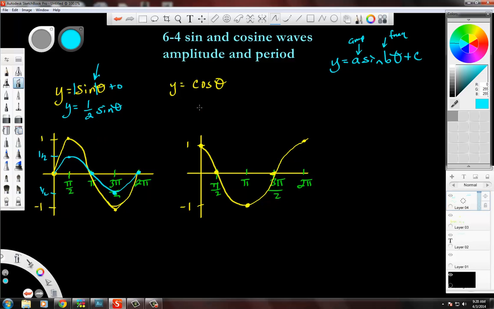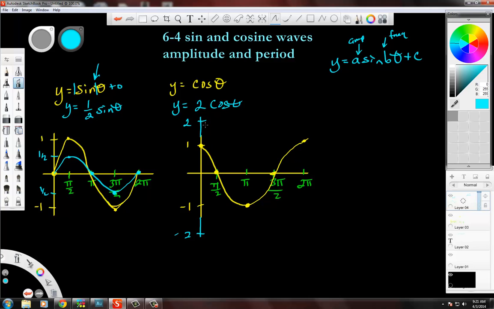So if we come over here and do the same sort of thing on the cosine, y equals, and let's say this time we did 2 cosine theta, well, that would make it come up to here and down to here, -2.